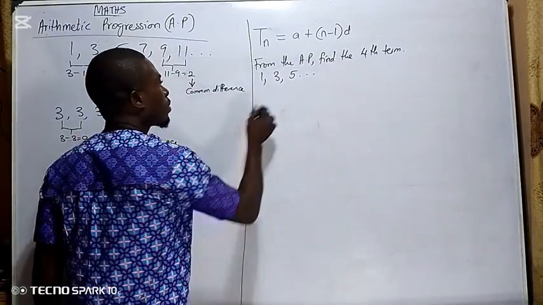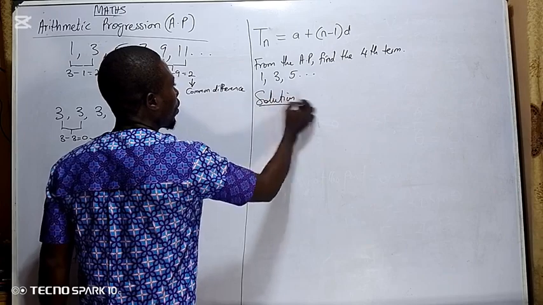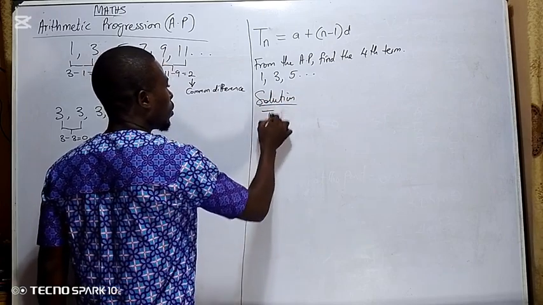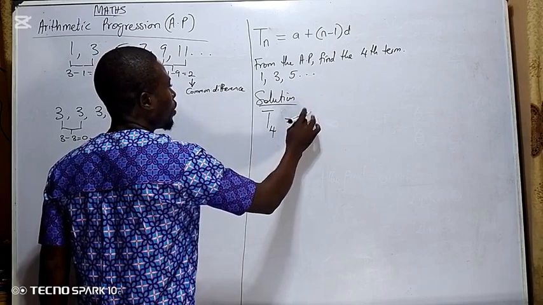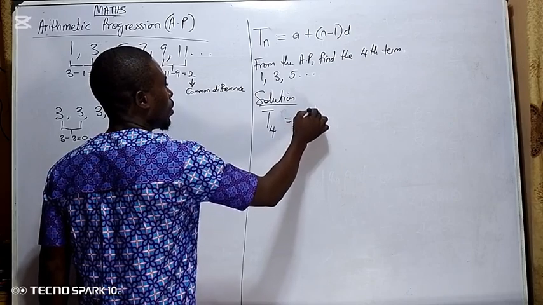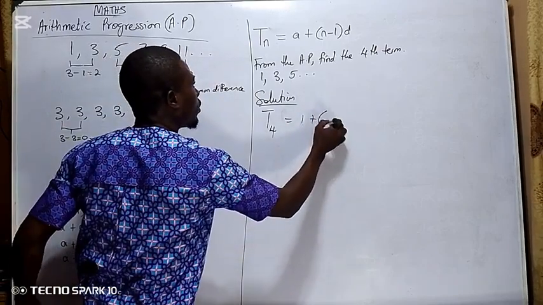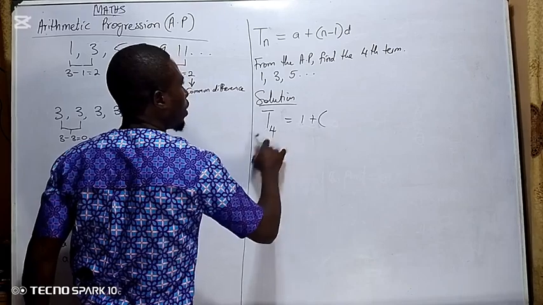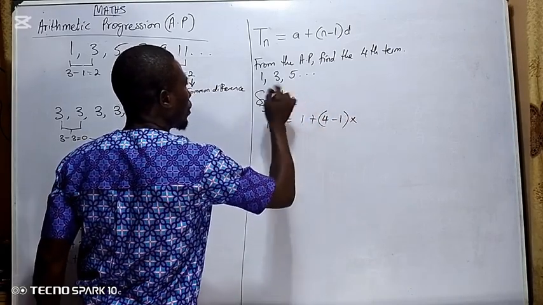To find the fourth term, we use the formula. T4 is equal to the first term, which is 1. We substitute into the formula, where n is 4, minus 1, times the common difference.